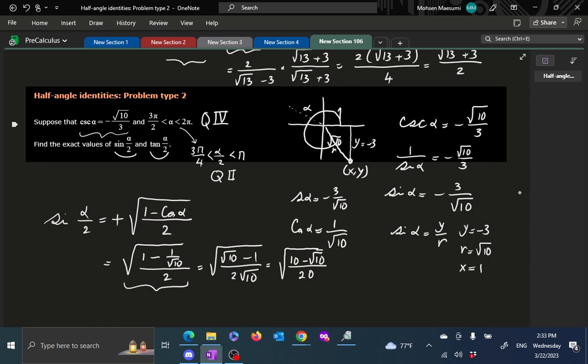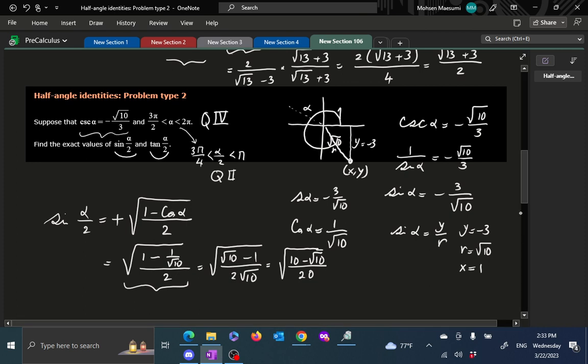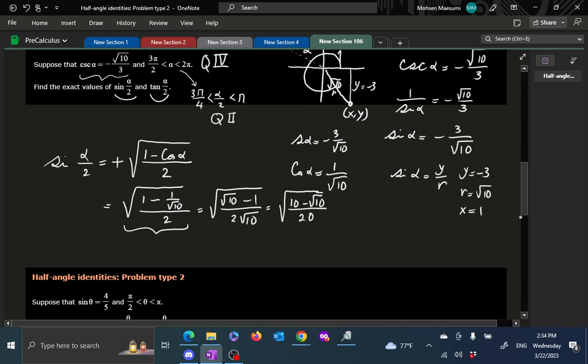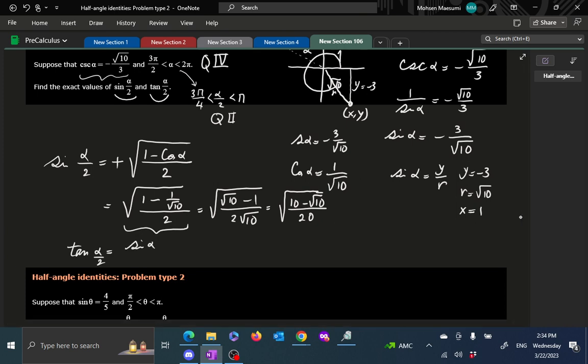Well, how about tangent? Several options. One is to go ahead and calculate cosine of alpha over 2 and take a ratio, or we can just go straight to tangent of alpha over 2 is sine of alpha over 1 plus cosine of alpha. Is that right?